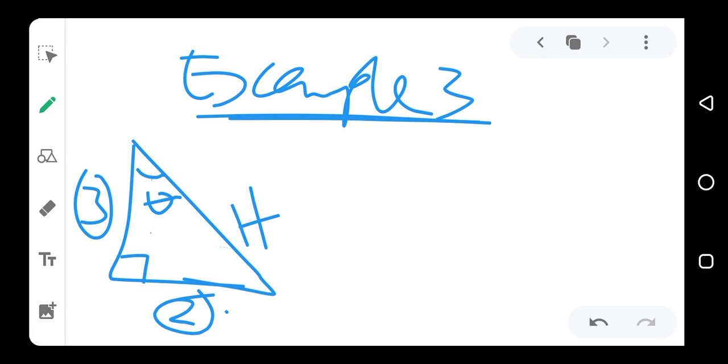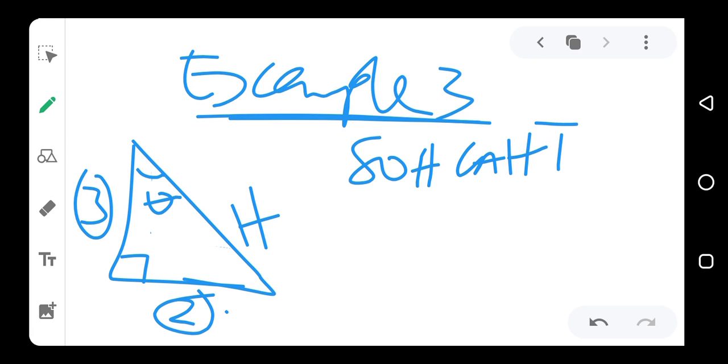So if we have opposite and we have adjacent, we still write our SOHCAHTOA. Which one has opposite and adjacent? That is tan.